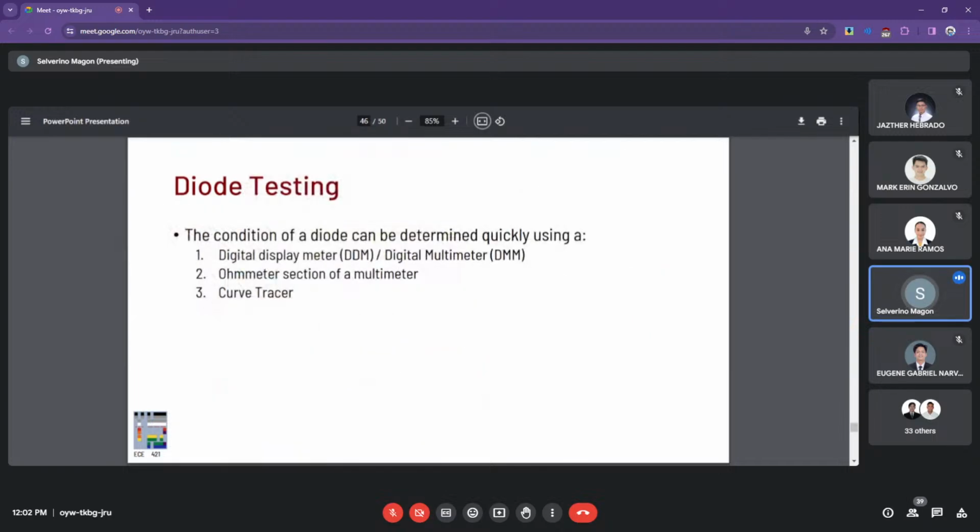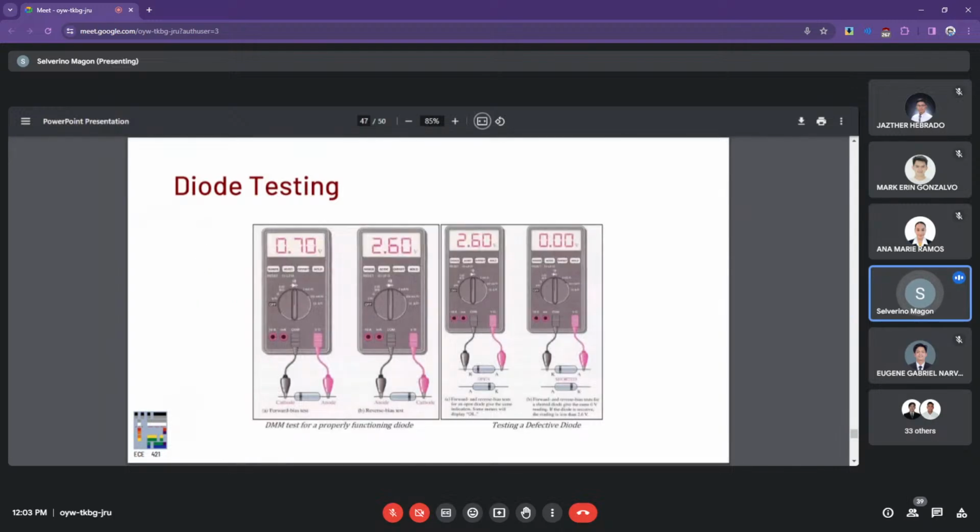So some means of testing the functionality or operation of a diode include testers or multimeters, to check the ohmic characteristics of these diodes, as well as the curve tracer. Using diode testing, you just apply a voltage supply, using the voltmeter function or the diode testing function.